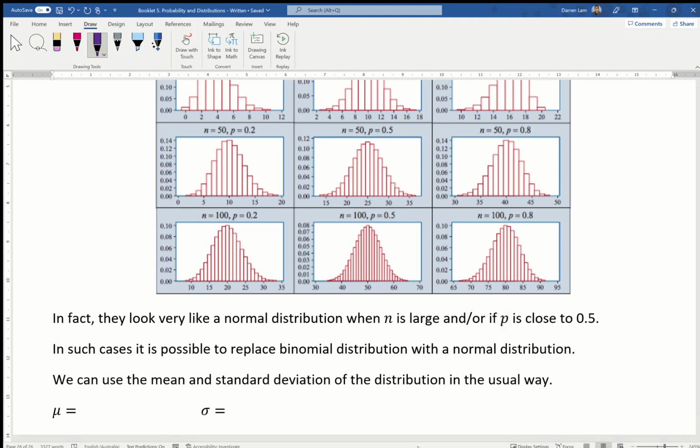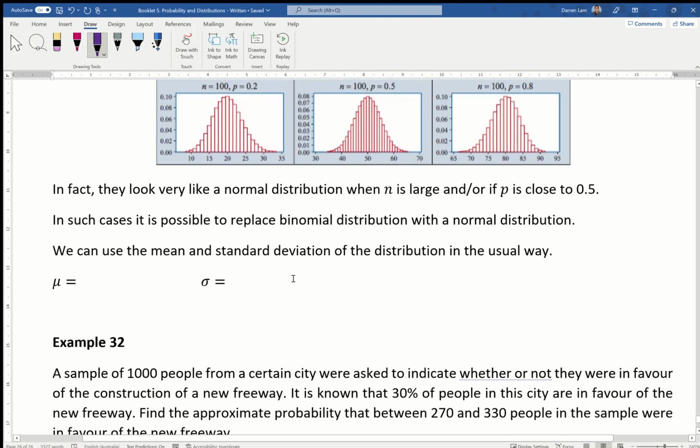We can use the mean and standard deviation of the distribution in the usual way, replacing the mean with np, which we already addressed in the previous lesson. And of course, our standard deviation is the square root of np(1 - p), remembering that standard deviation equals the square root of variance, which is where we got that formula from.